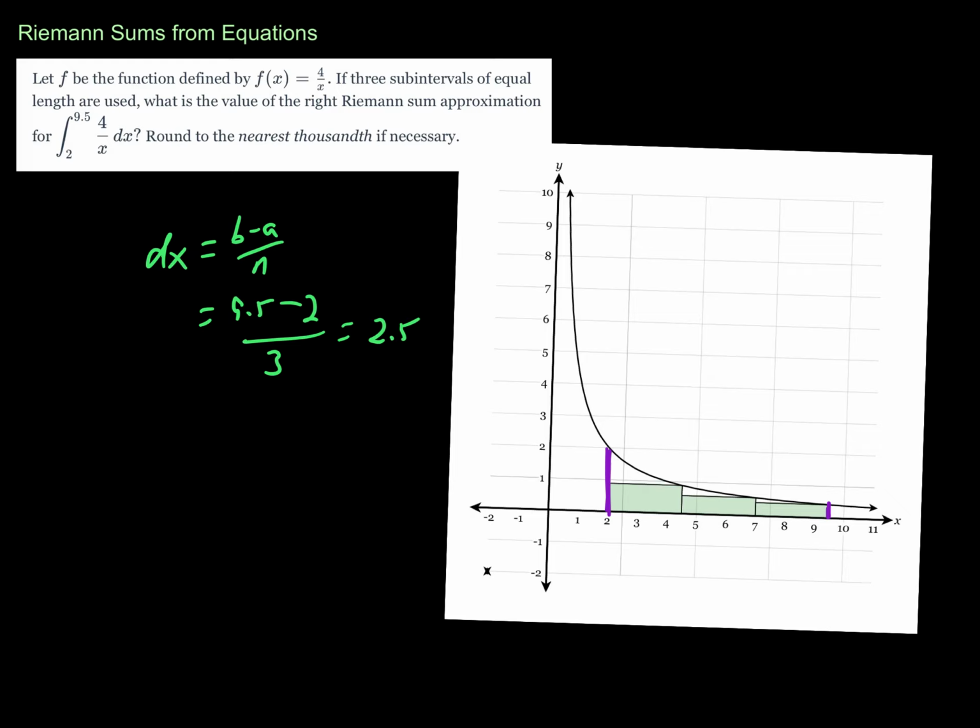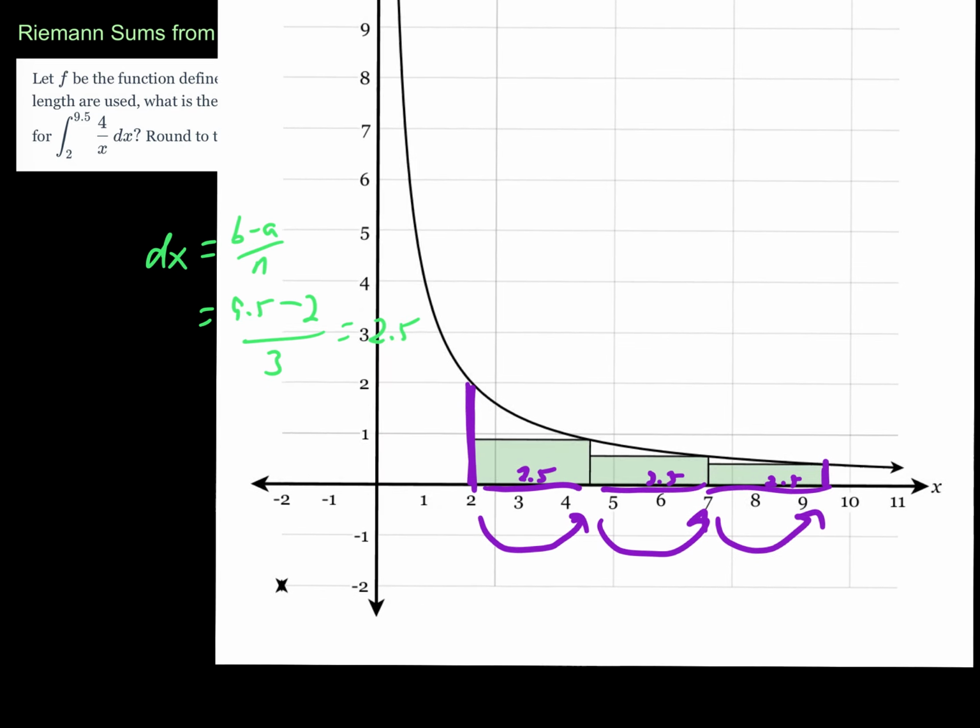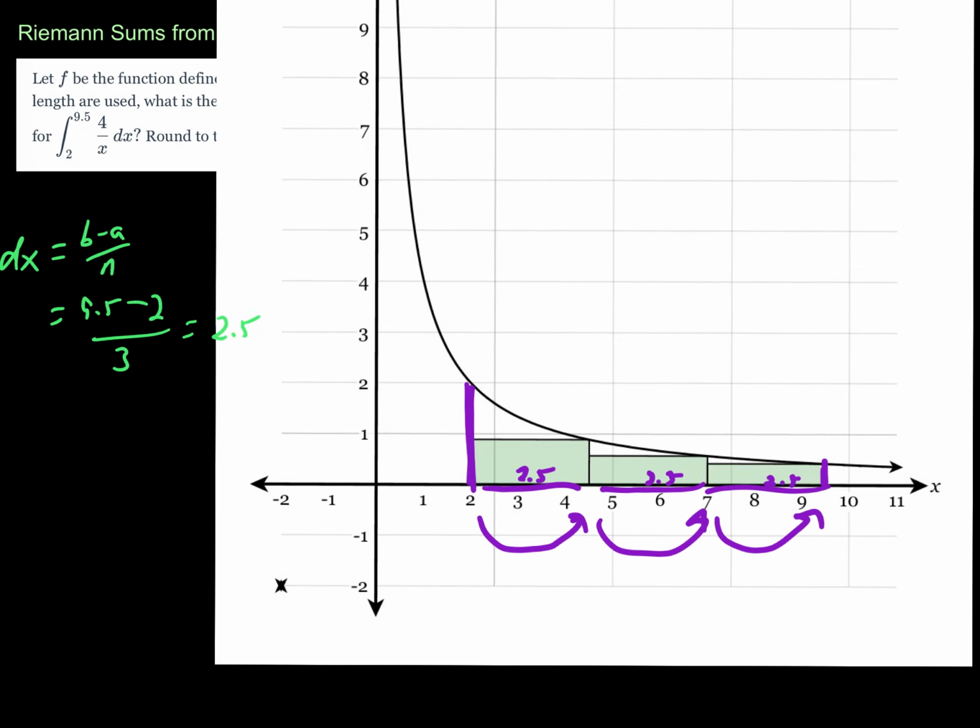So this is going to be 2.5, the delta x, 2.5 the delta x, and 2.5 the delta x. That breaks it up. You add 2.5, add 2.5, add another 2.5, it brings you to 9.5. We are working on right Riemann sums, so we want to go to the right side of our interval.